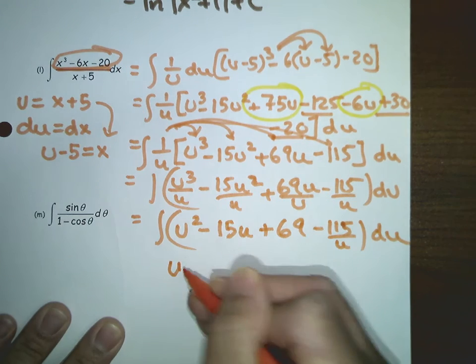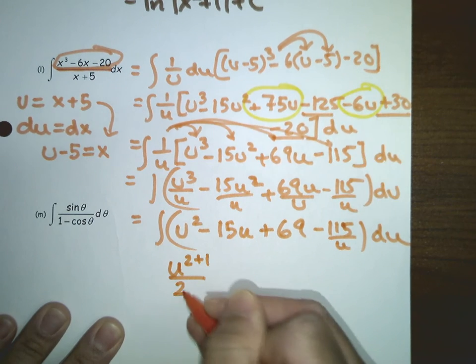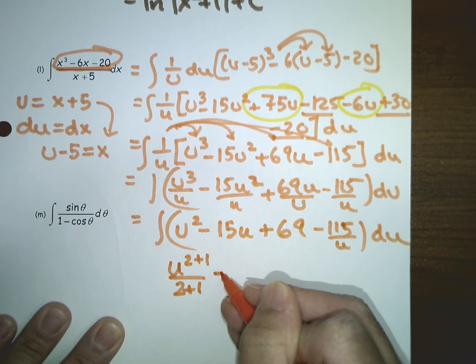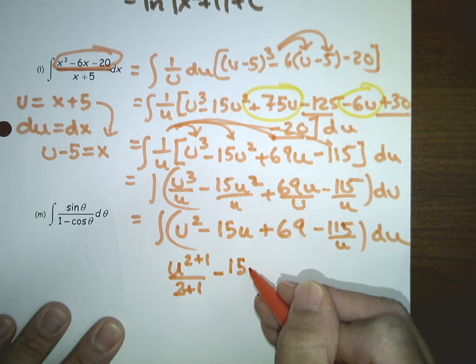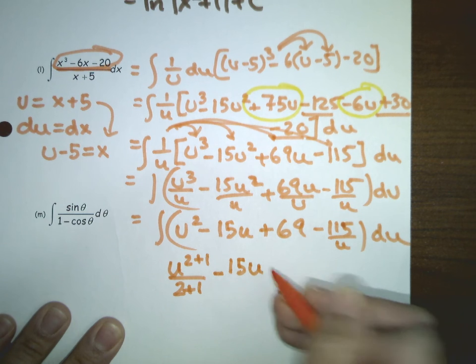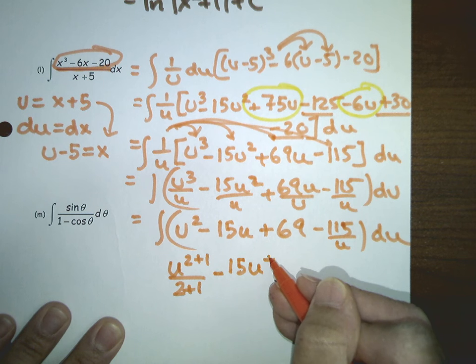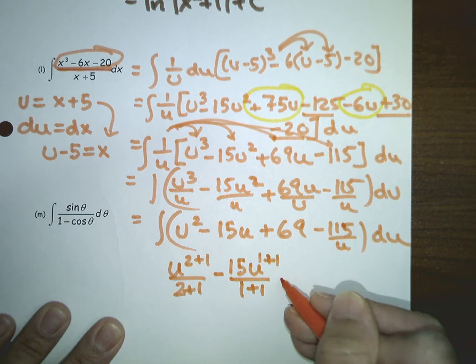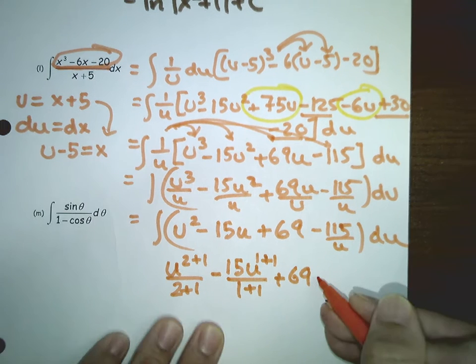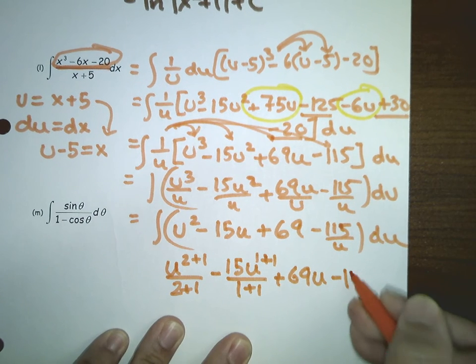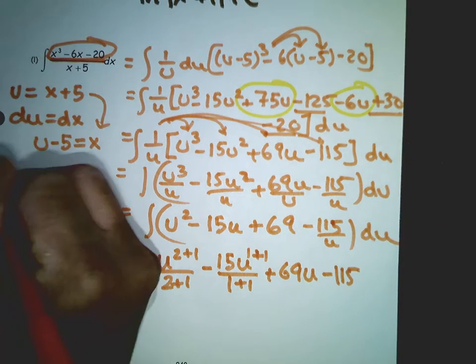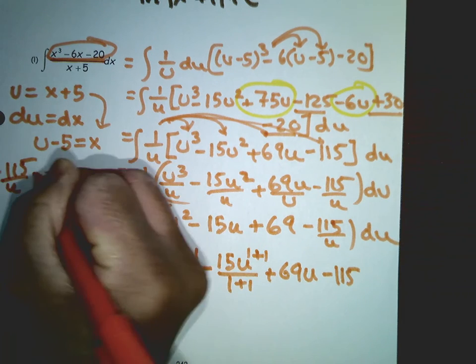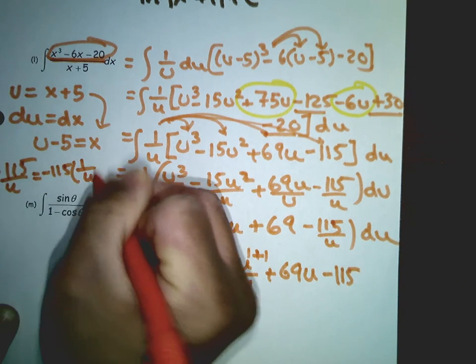So this will be u to the 2 plus 1 over 2 plus 1, and then minus 15 times u to the 1 plus 1 over 1 plus 1, plus 69u minus 115, and remember that negative 115 over u is actually negative 115 times 1 over u.